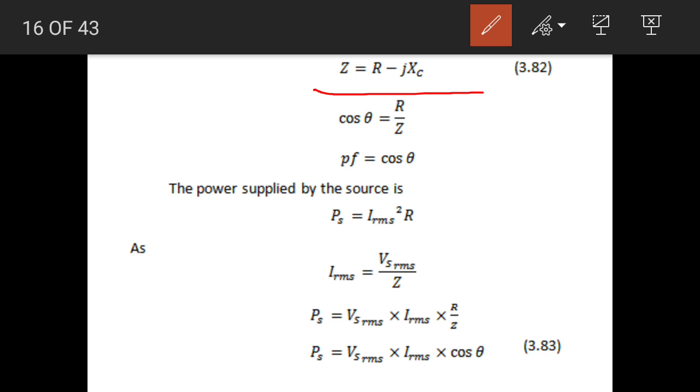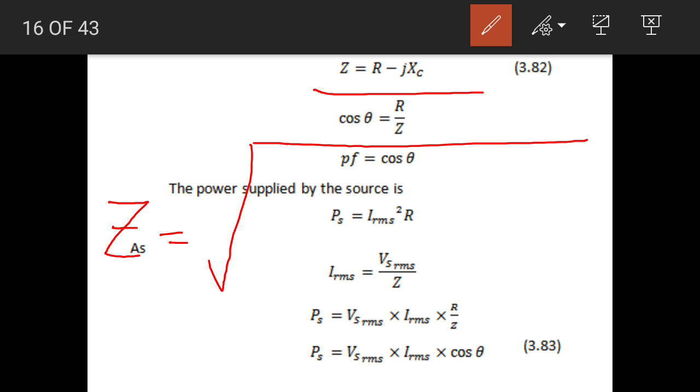The impedance of this series combination is a complex quantity. The real component of this complex quantity is R, and the imaginary component is Xc. So if we want to calculate the magnitude of this complex quantity, the magnitude will be equal to the square root of the square of the real component plus the square of the imaginary component.